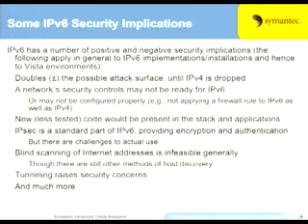IPv6 has a number of positive and negative security implications. The list I have here, actually, all these were developed a couple years ago, even before Vista at all. And so these apply in general to IPv6 implementations and installations, and hence they apply to Vista environments.